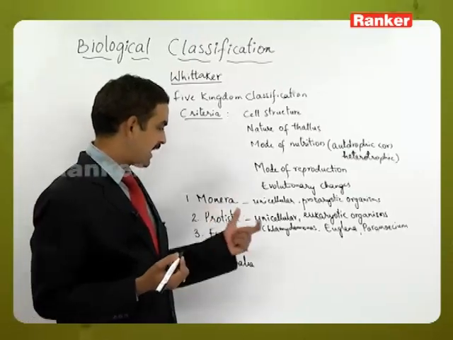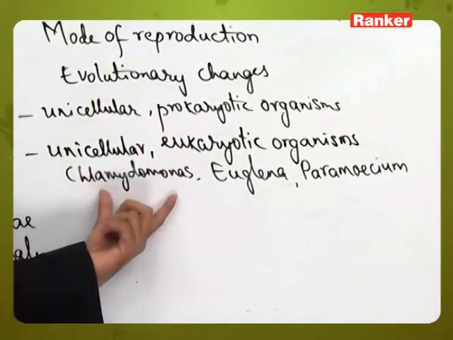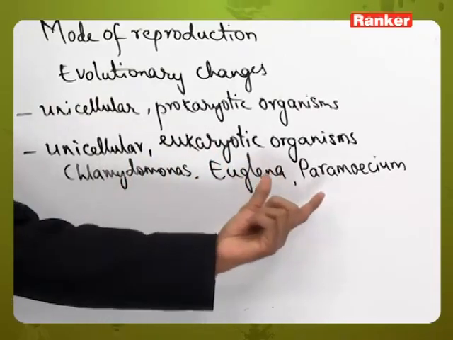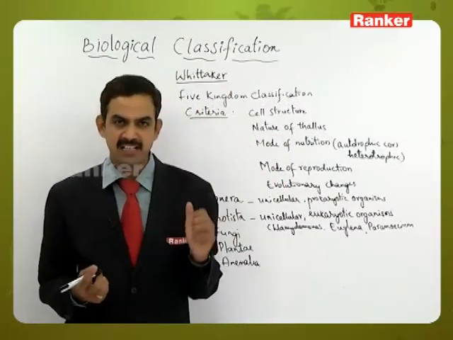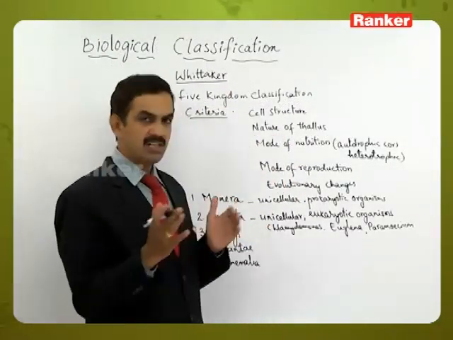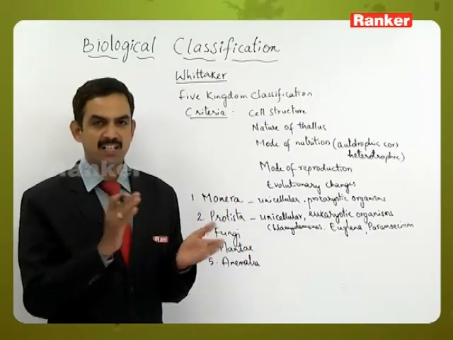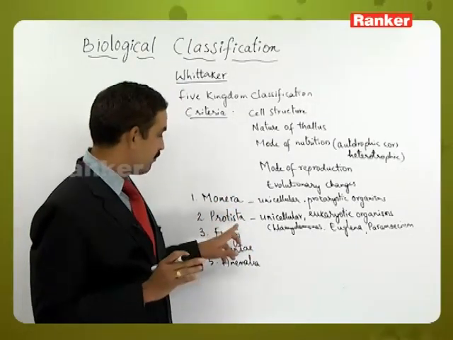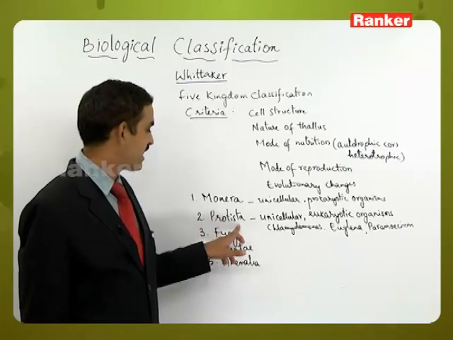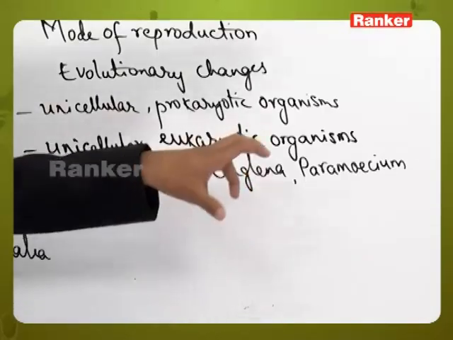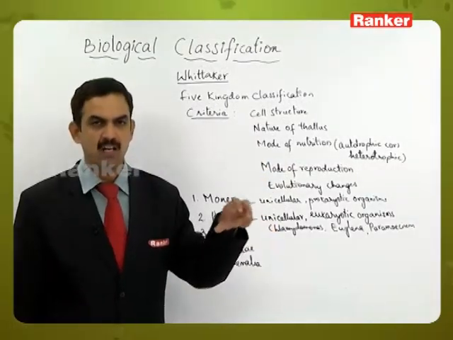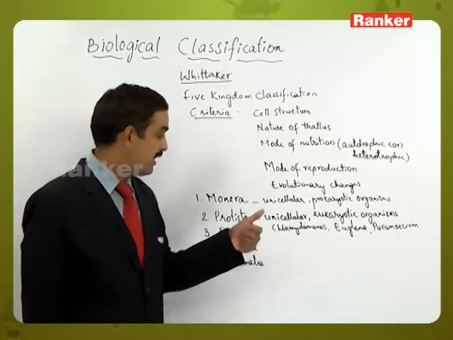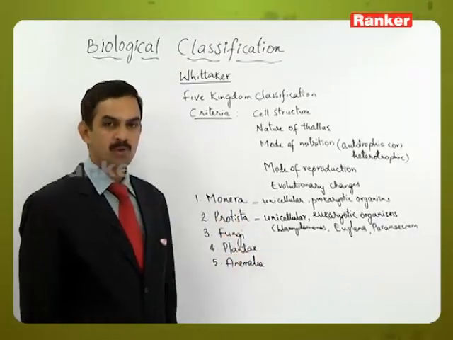In the earlier classifications, Chlamydomonas was present in one kingdom, and Euglena and Paramecium were kept under some other kingdom. But the organisms have been shifted from one kingdom to the other. Based on the criteria taken by Whittaker, Chlamydomonas, Euglena and Paramecium, which were kept under different kingdoms in the earlier classification, now have their place in Protista.